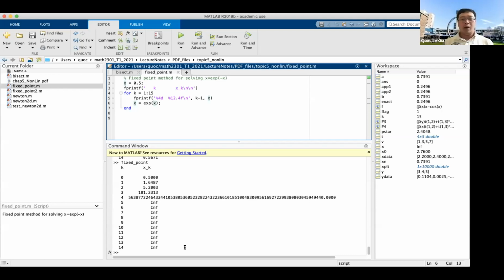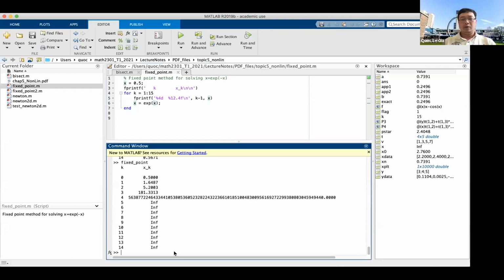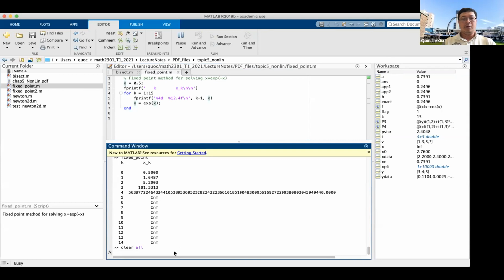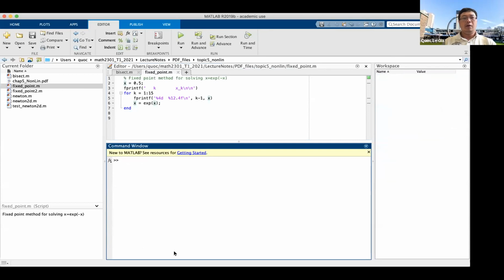So now suppose I plot. I clear everything. Then I plot. So linspace, say 0 to 5, maybe 1,000 points.